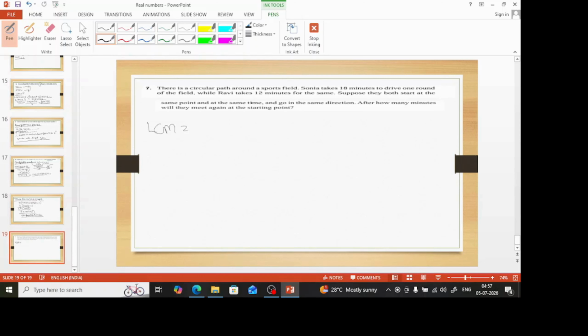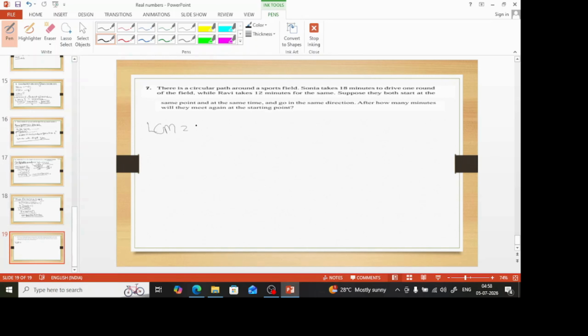I repeat once again: sometimes we get confused about what is to be calculated, LCM or HCF. The HCF of 18 and 12 will be 6, but they can't meet after 6 minutes, so better we go for LCM.